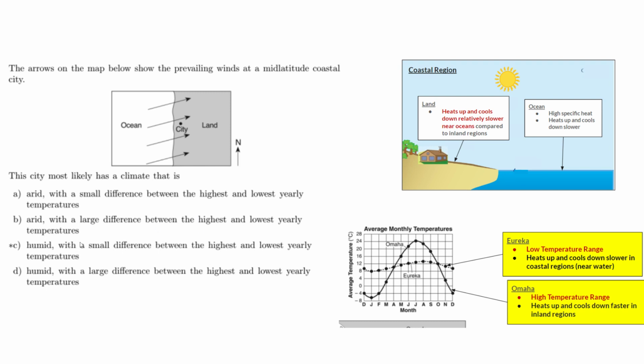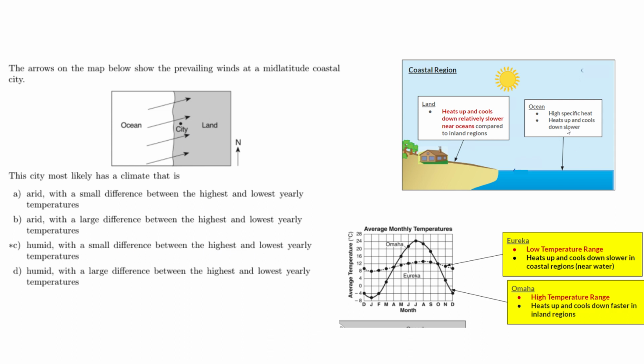So, how do I know it's humid? Well, because the arrows are pointing from the ocean to land, right? The wind is blowing from the ocean to the land. Just like we've seen when we were talking about monsoons, when winds do that, it's also taking moisture from the ocean and putting it into the land, right? So, it must be humid. Remember, arid means dry. Humid means there's moisture. And it has a small difference between highest and lowest yearly temperatures because it's near the water.